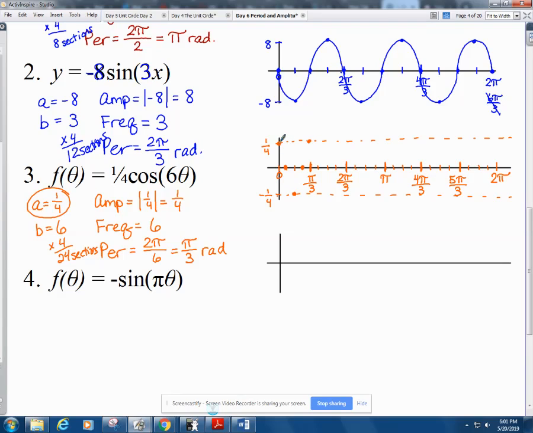So 1/4, 0, negative 1/4, 0. 1/4, 0, negative 1/4, 0. And repeat. And then neatly sketch the curve.